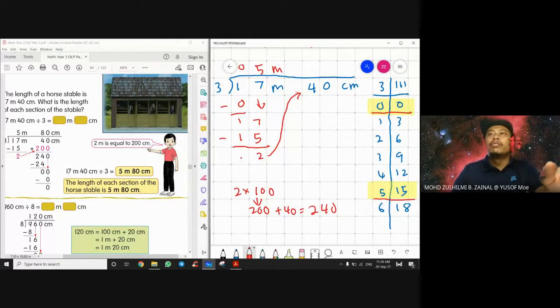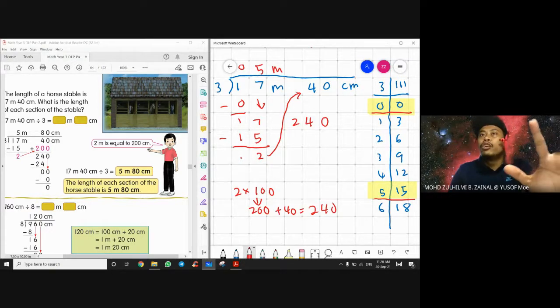So 200 centimeters plus 40, you will get 240. This 240 is the new value for cm. For the cm unit we have a new value, 240. So with 240 you do the calculation as usual.